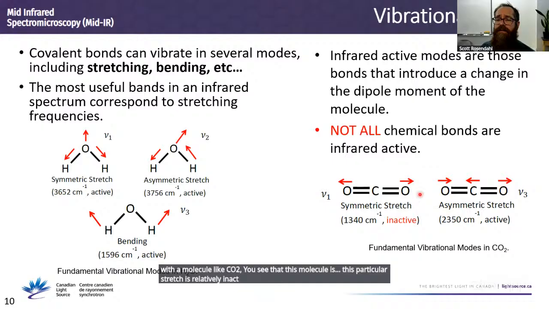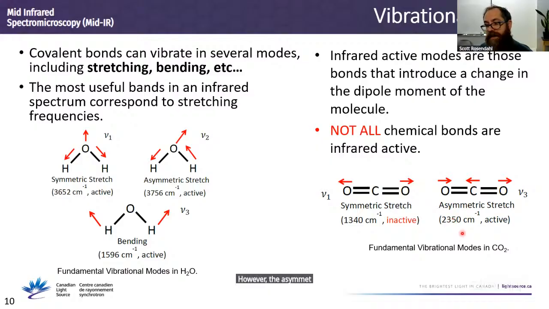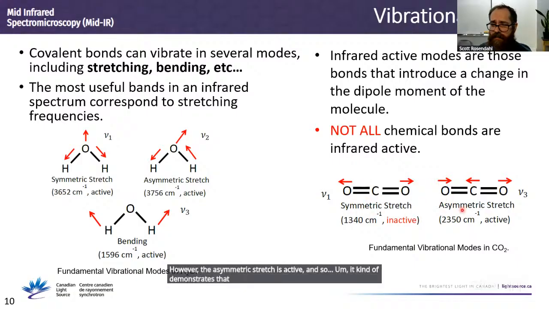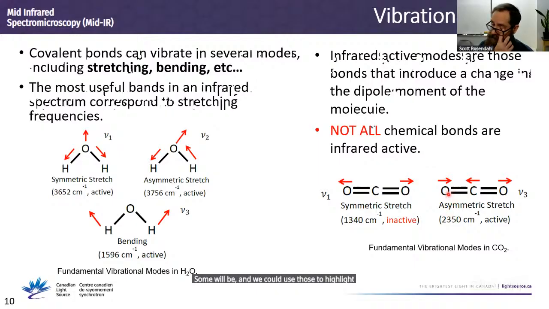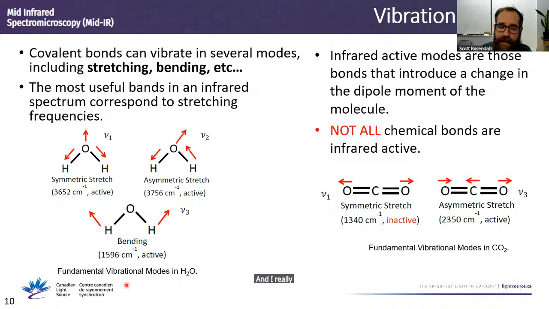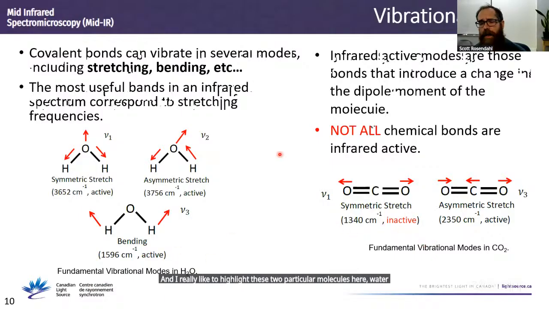So this particular stretch of CO2, we won't be able to see. However, the asymmetric stretch is active. So it demonstrates that even though some aren't, some will be, and we can use those to highlight what's there. And I really like to highlight these two particular molecules here, water and CO2.